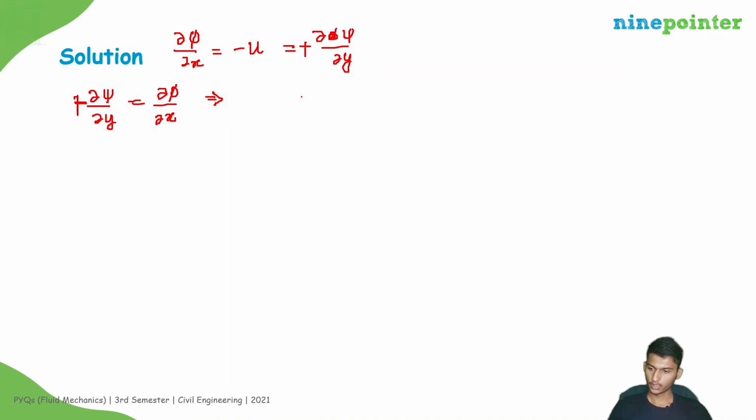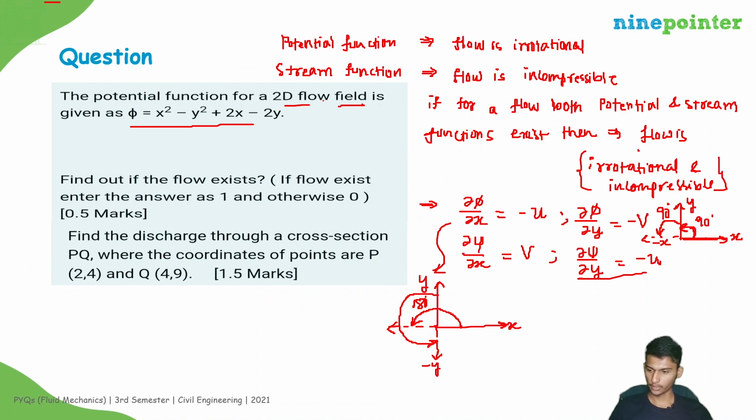So from this we get ∂ψ equals ∂φ/∂x into ∂y, integral. So ψ will be equal to, what is ∂ψ/∂x? ∂ψ/∂x will be 2x plus 2, which means 2 of x plus 1.